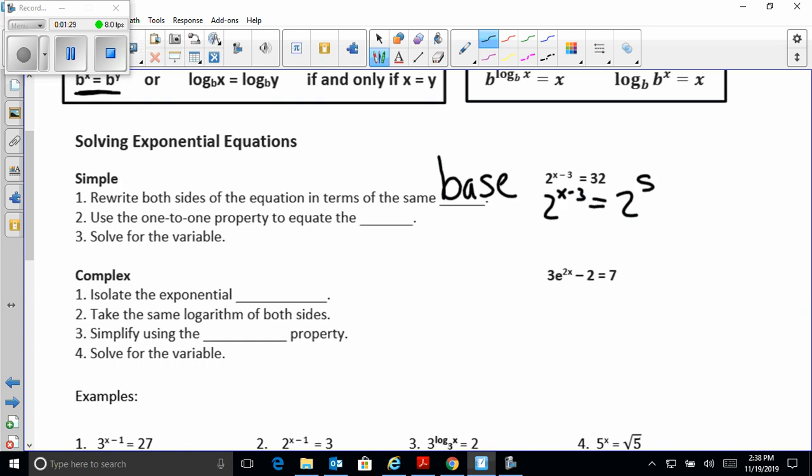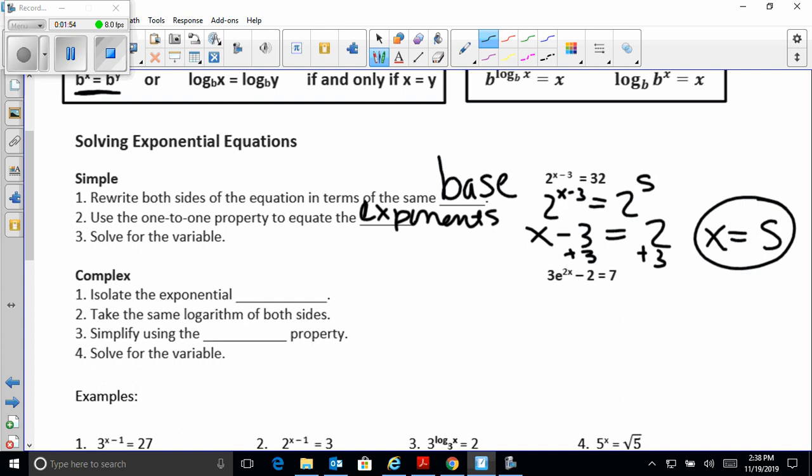We know that we can equate these exponents. That's what that property says. So we will use the one-to-one property to equate the exponents, and then we can easily solve that. Plus 3, plus 3. X is equal to 5.